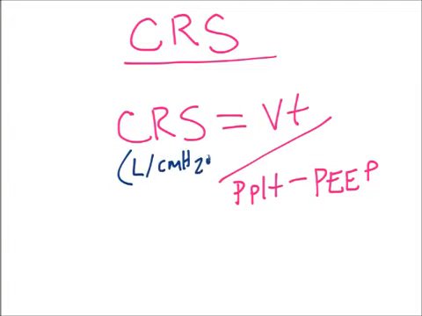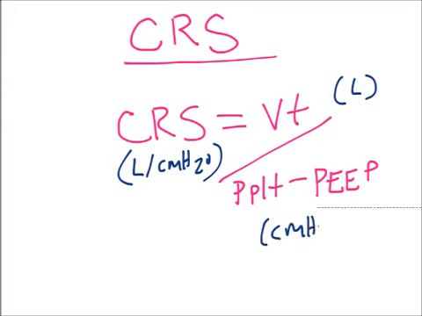Tidal volume is going to be in liters. And both my plateau pressure and my PEEP are going to be in centimeters of water. So when the ventilator is doing a static compliance, it needs a plateau pressure to actually get a static compliance measurement.